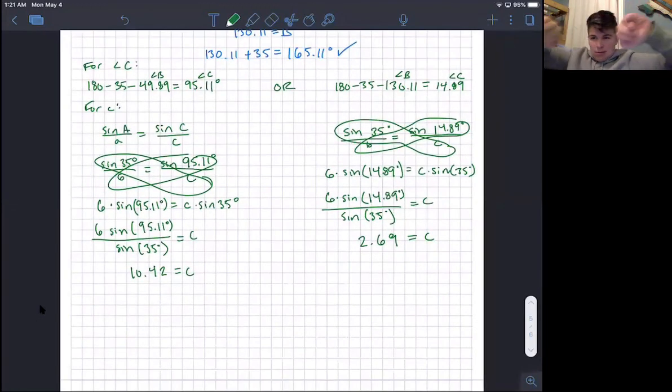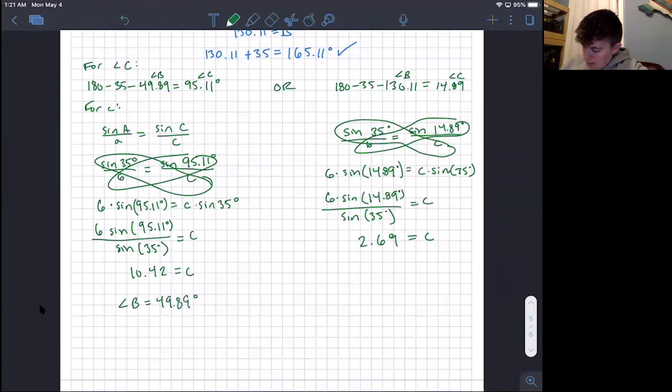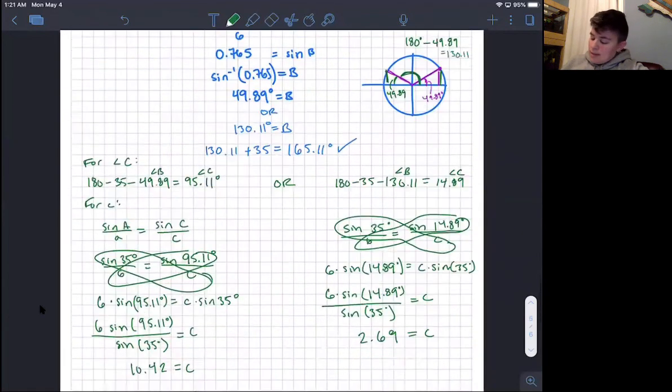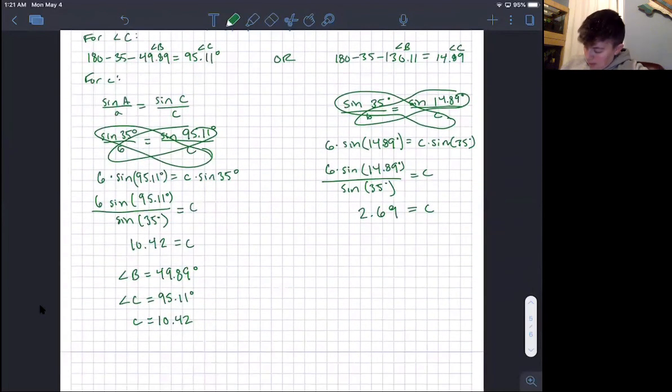Okay, so y'all, I have two separate answers, two separate possible triangles, and I want to keep them together in their own little boxes. So for this one, angle B was 49.89 degrees, angle C was 95.11 degrees, and side C was 10.42. What were our units? We didn't have units. If I don't give you units, you don't have to put units at the bottom.